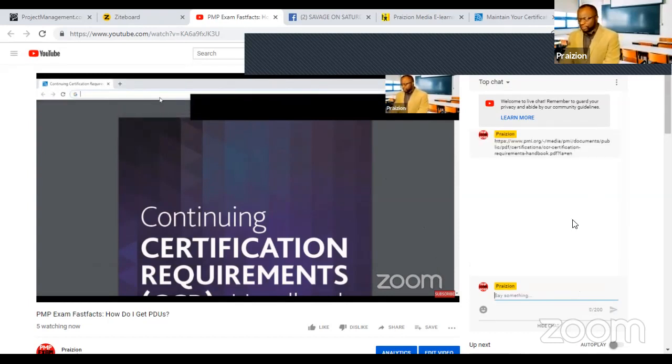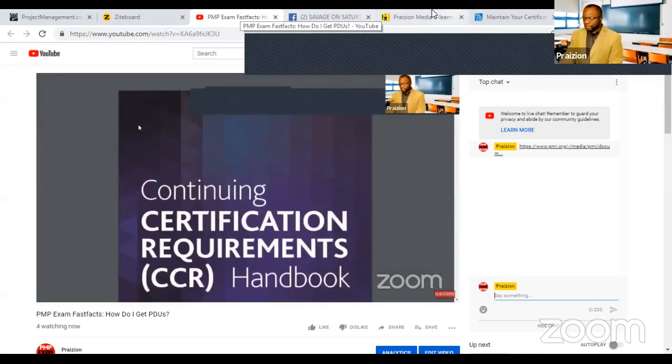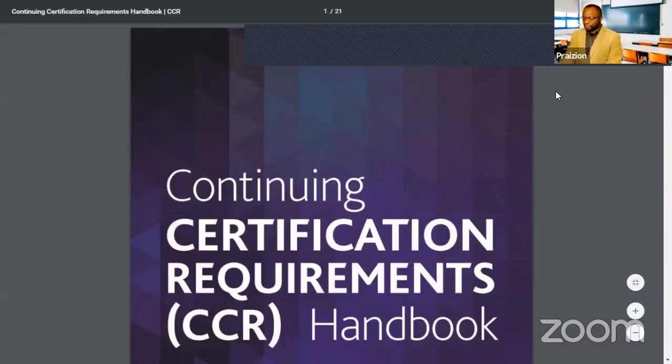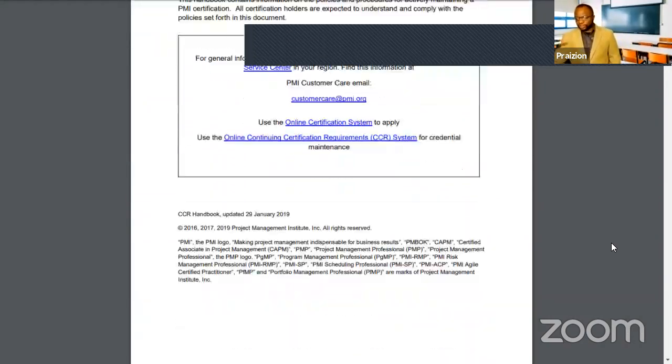Contact hours versus PDUs, they're two different things. Contact hours is before you become a PMP. PDUs is after you become a PMP. So there are folks who aren't aware that they're going to have to meet this requirement. But anyway, the CCR handbook will guide you as far as what you need to do.